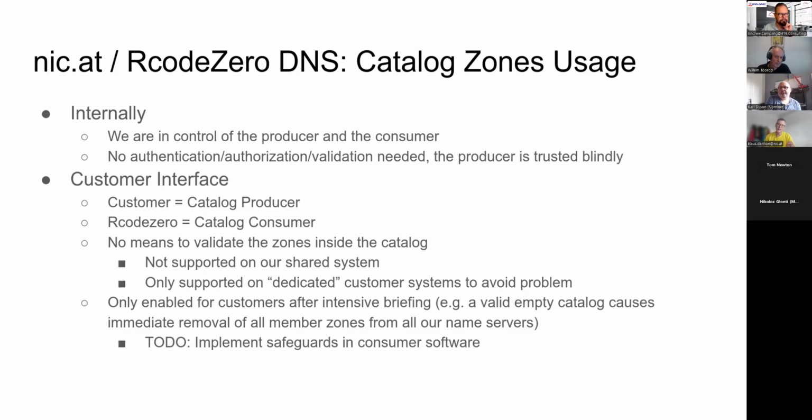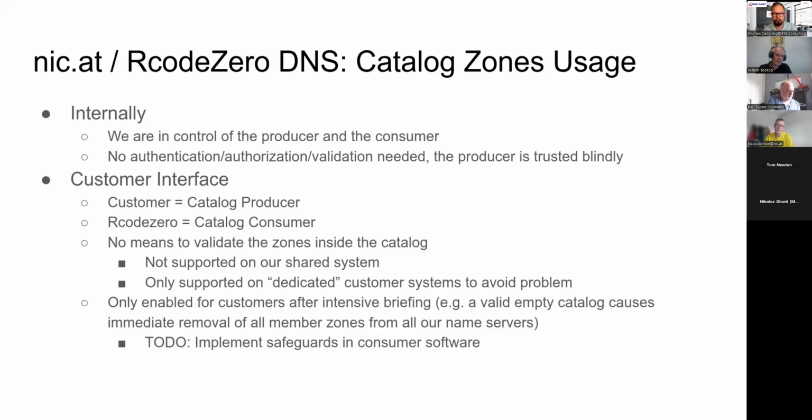Because if the customer were really advanced in DNS, he probably would do the DNS hosting himself. So most of our customers are not that expert in DNS. They are more like experts in the domain and in the web hosting zones, and they want to trust us to do all the DNS for them.